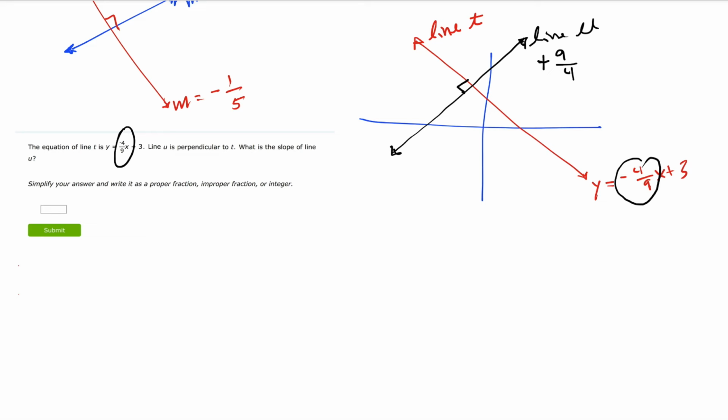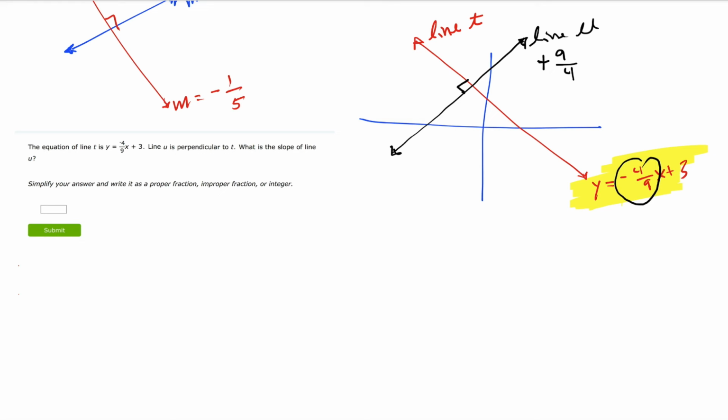If it was the same one as this one down here, it would be parallel. No, like, okay, so this line, y equals -4/9 x plus 3, that stays the same. That is this line right here.